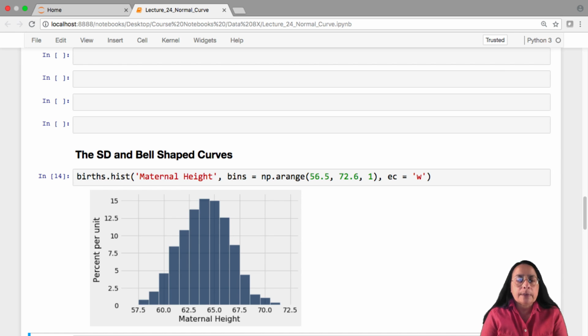That's roughly bell-shaped. Of course, it's not exactly bell-shaped, but it's roughly bell-shaped. Now, if you had to guess an average, what would you guess? Somewhere here? About 64, 65, something like that. Somewhere here.